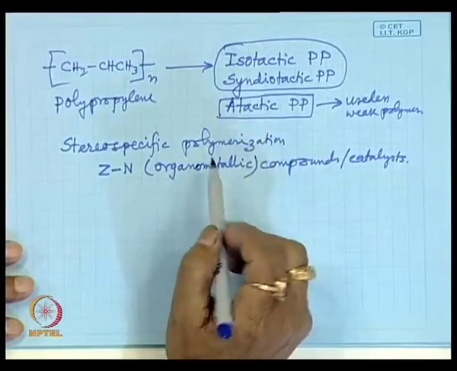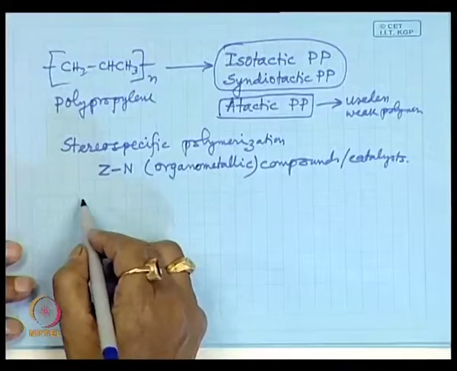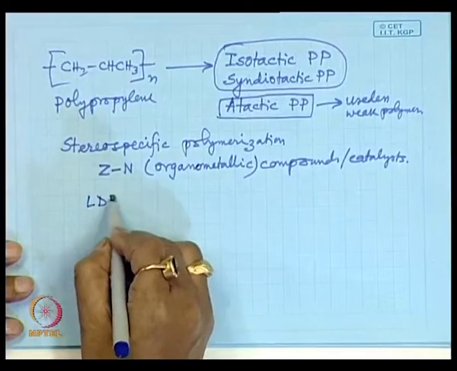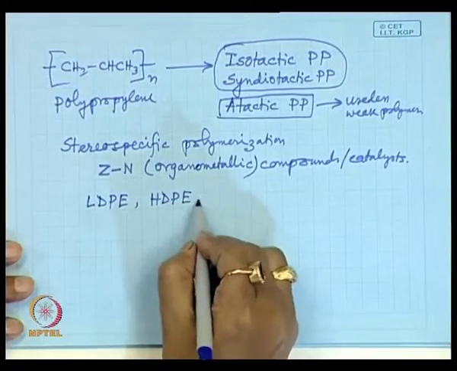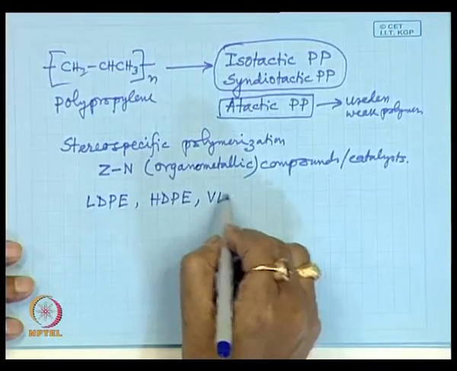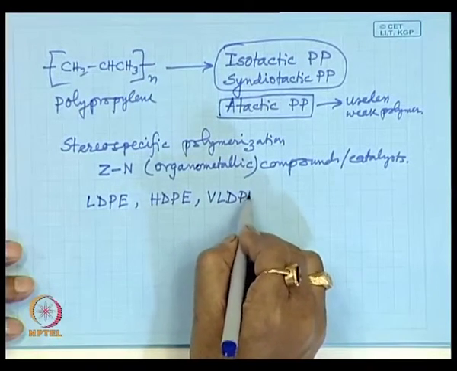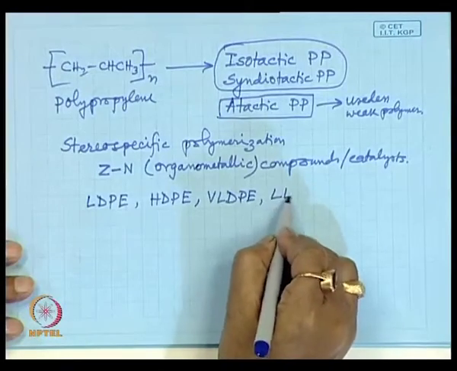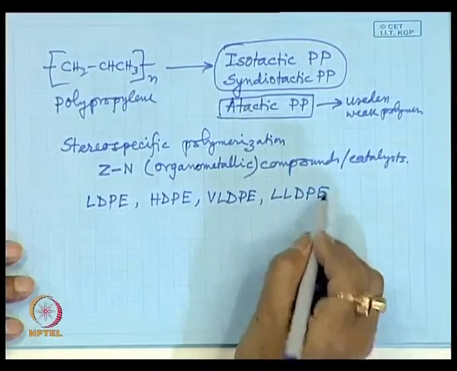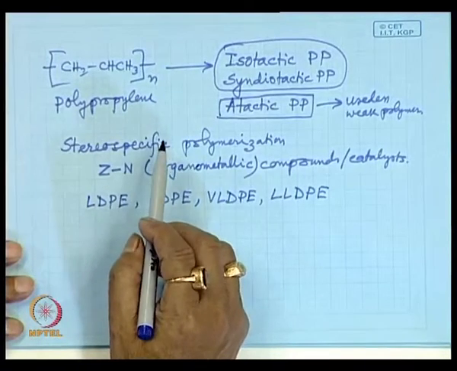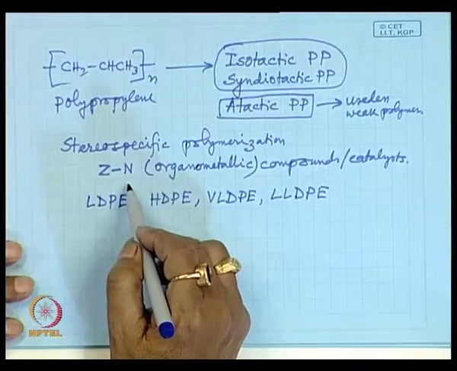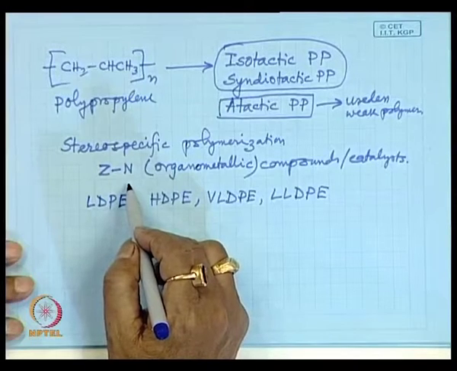Not only that, today the various grades of polyethylene I mentioned, LDPE, HDPE, very low density polyethylene, LLDPE, etc. These have been possible only because of this stereospecific polymerization or Ziegler-Natta catalyst that gives highly specific structure.